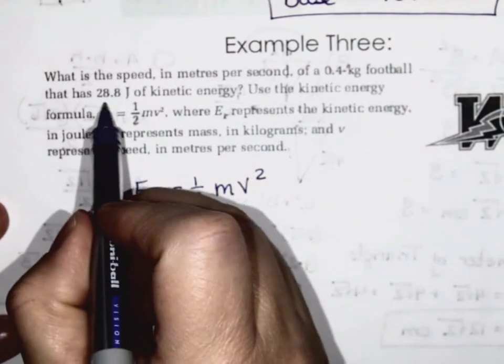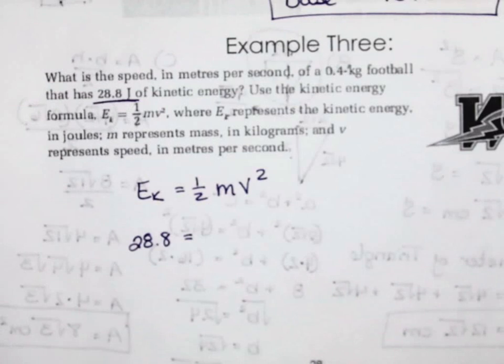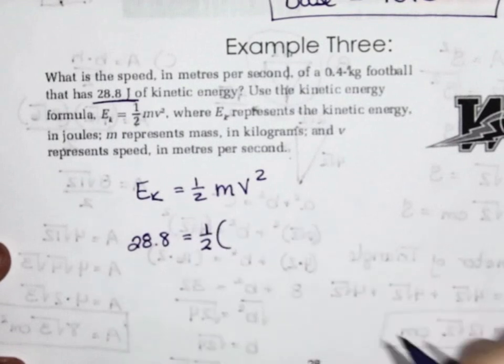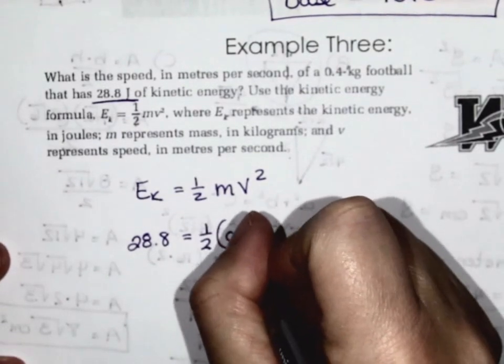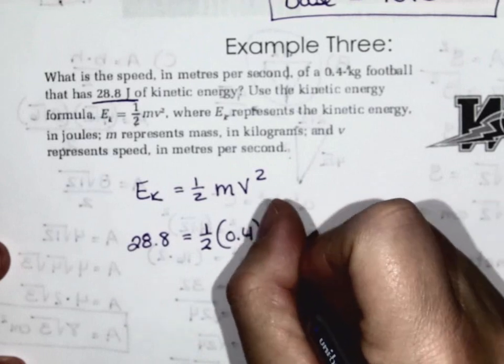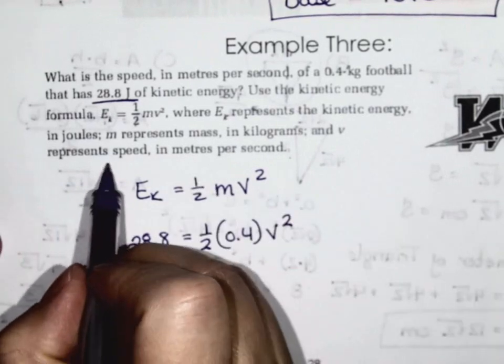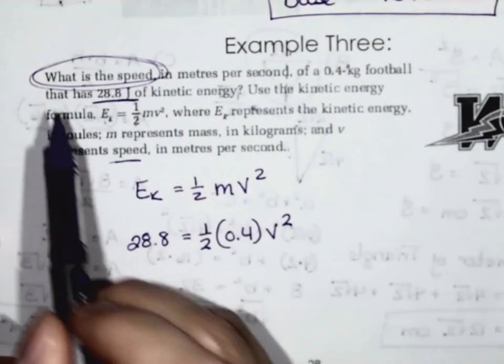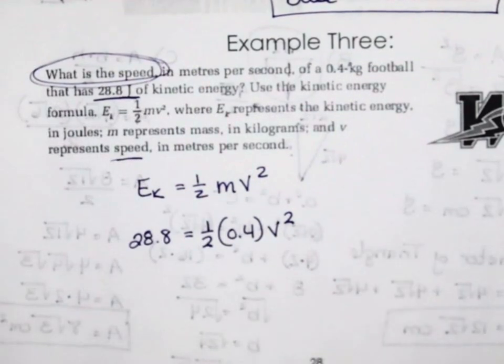Okay, so 28.8 joules of kinetic energy is going to go in for the EK. How much does the football weigh? And we're trying to find the speed. So we're trying to solve for v.